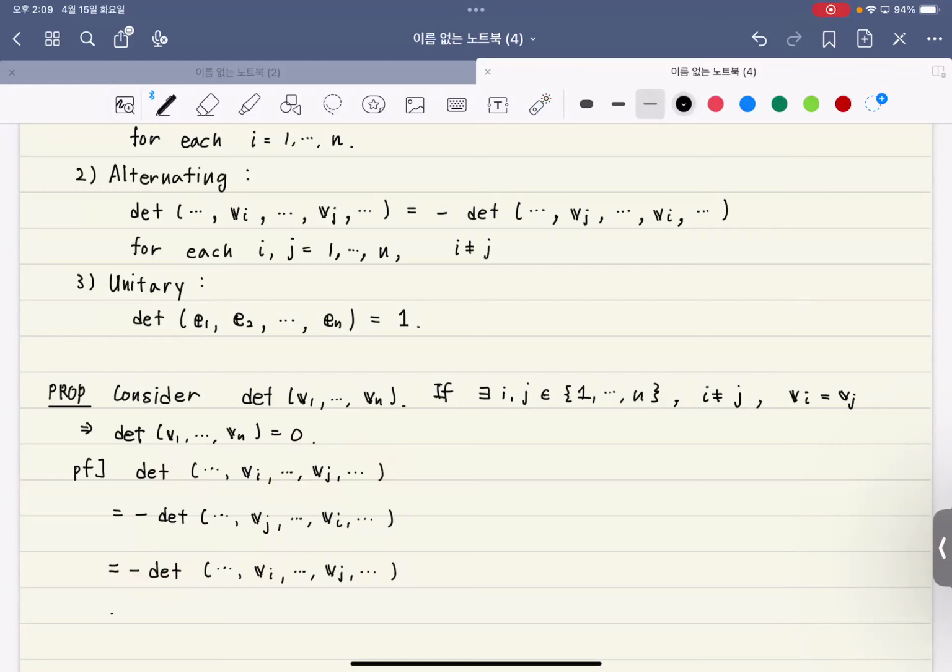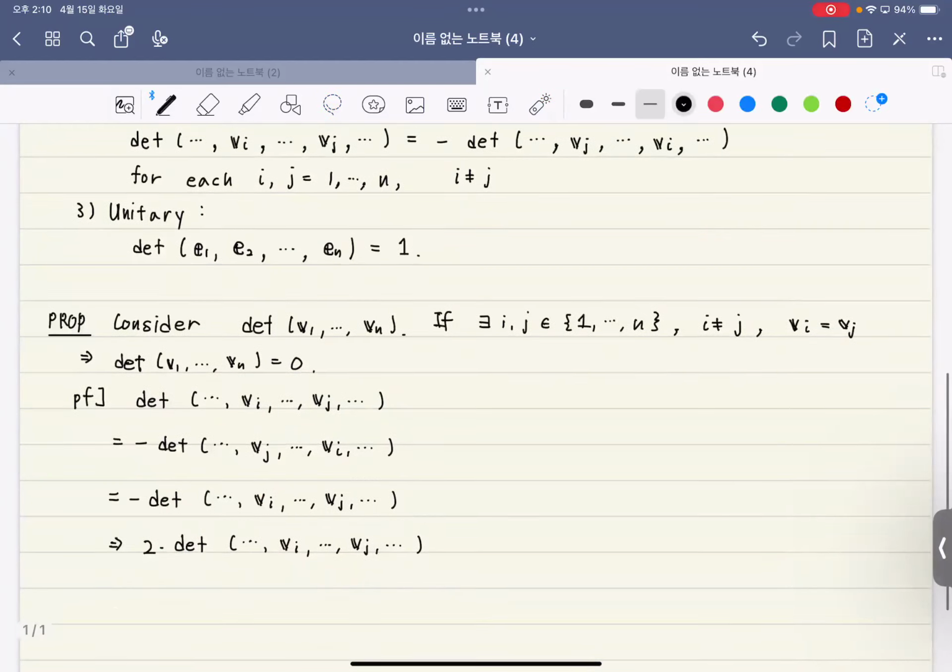So this implies 2 times the determinant has to be 0. And the only possible explanation is that the determinant of this matrix must be 0.